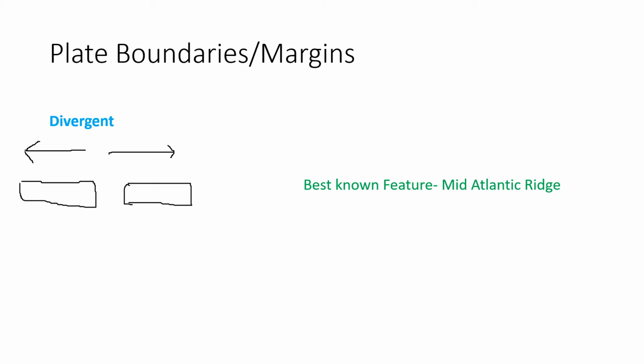Just to remember that, I'm going to use this color to put in a few waves. Now, these blue waves represent water. As the plates continue to move, remember this movement is a very slow movement.